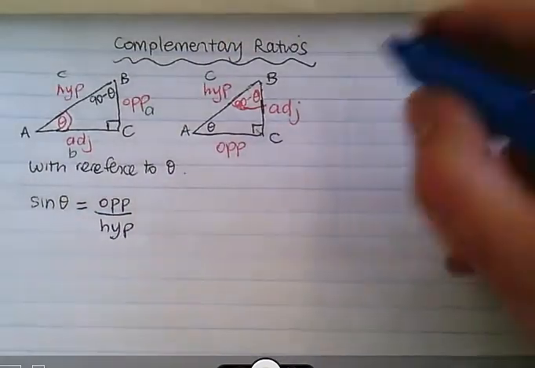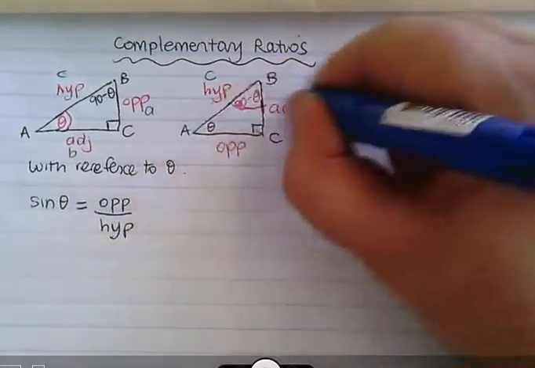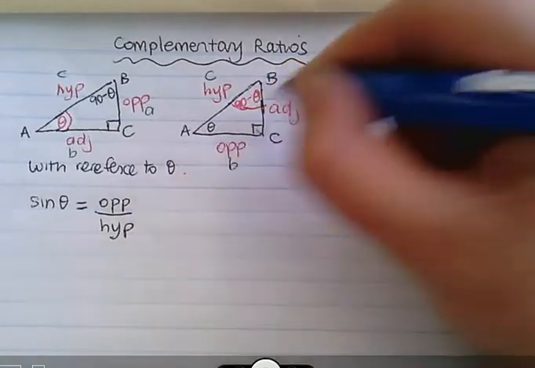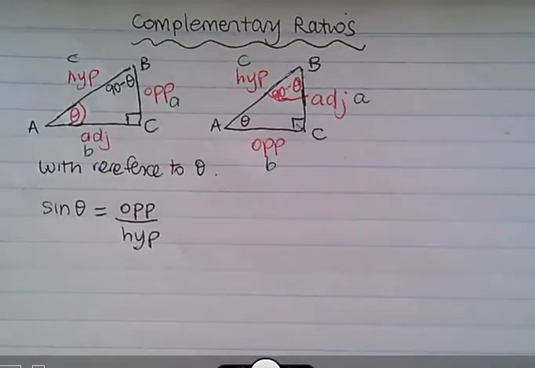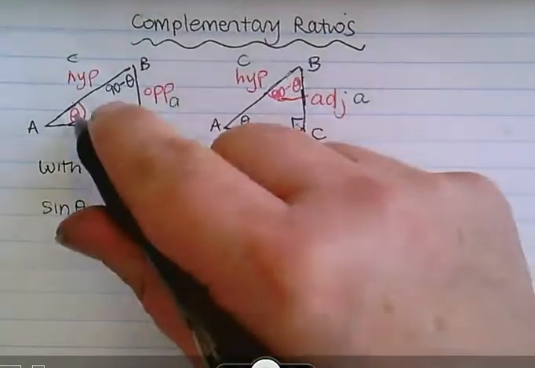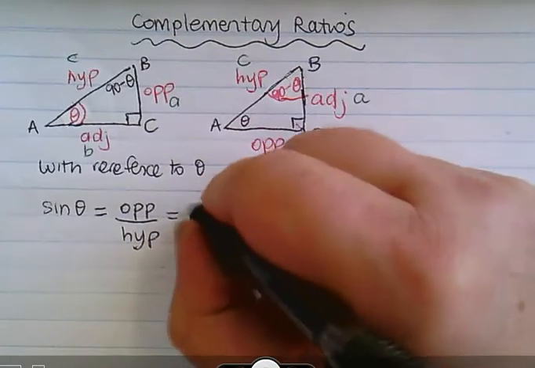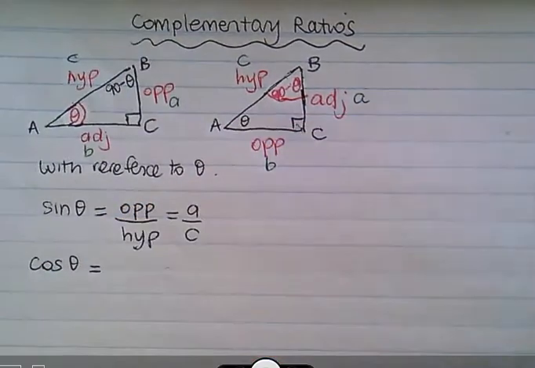Hypotenuse is little c. Little a is opposite capital A and little b is opposite capital B. Okay, so looking at the first triangle with reference to theta, sine theta is opposite over hypotenuse, which is a over c. All right, cos of theta is what?